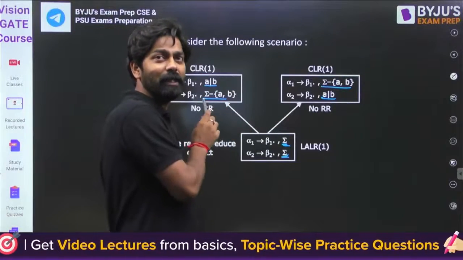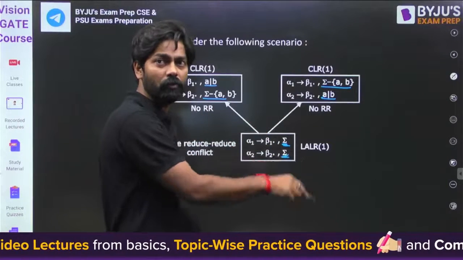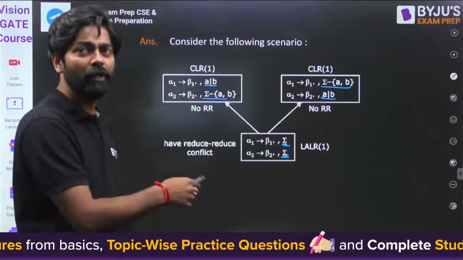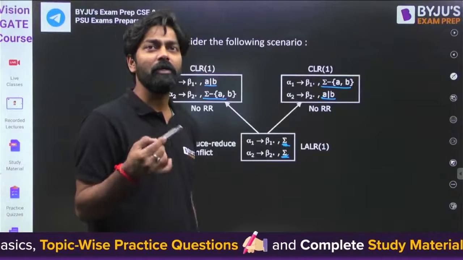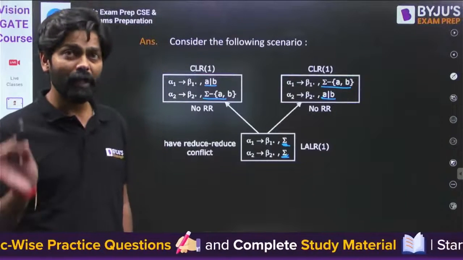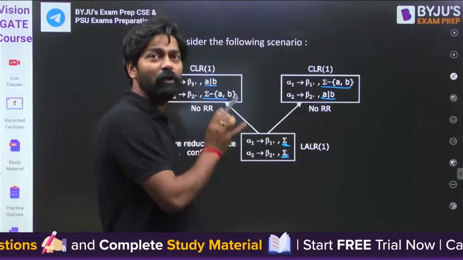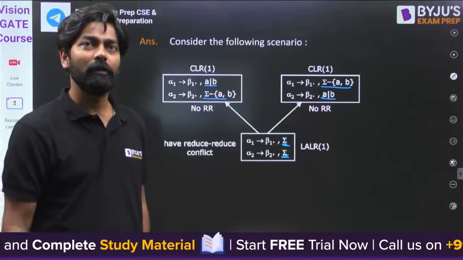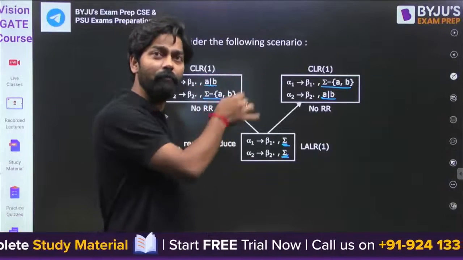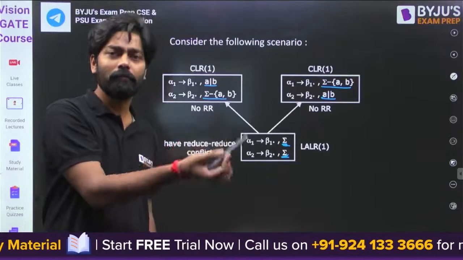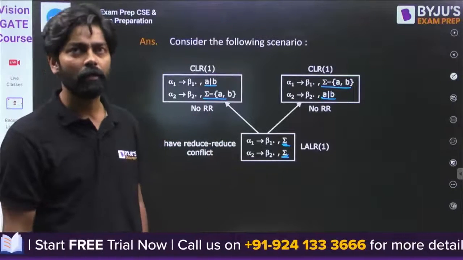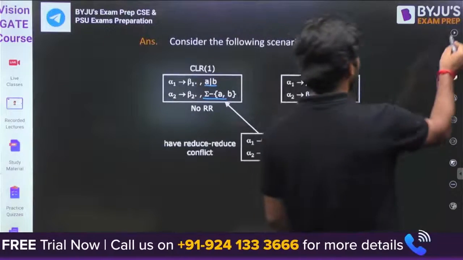If the states are the same and lookahead symbols are different, you will merge. So if you merge, there is a possibility you can get reduce-reduce conflict. But if there is no SR conflict, after merging also you will not get SR conflict. But if there is no RR conflict, after merging there is a possibility RR conflict will be there. Okay, so you can try this.